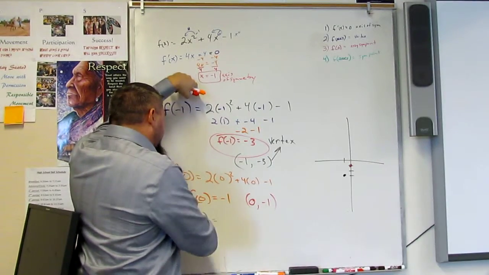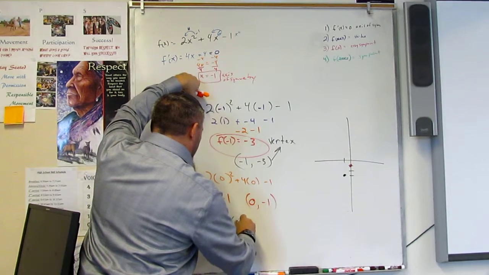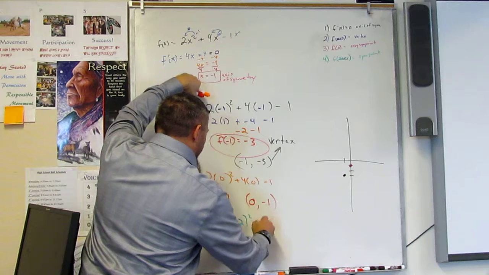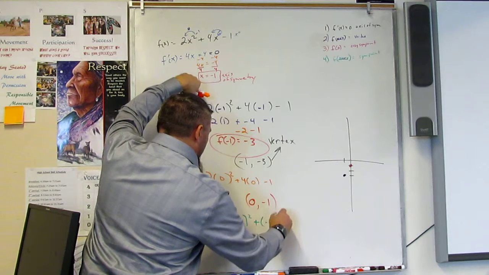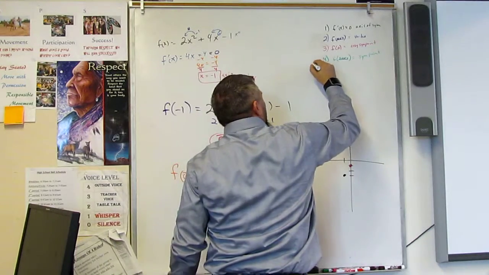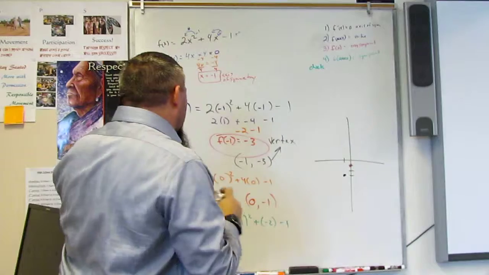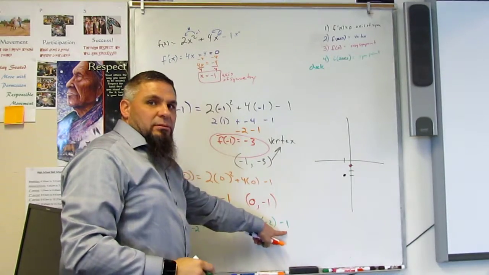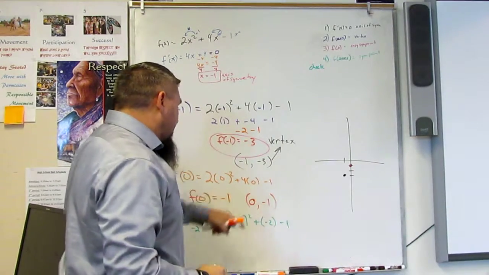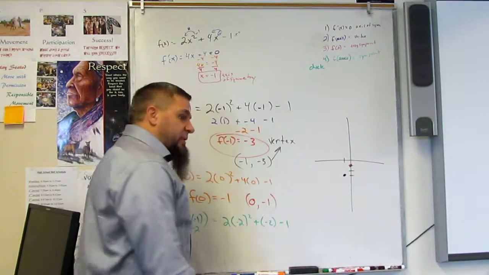So I'm doing f of negative 2, and I'm just plugging it in. 2 times the quantity of negative 2 squared plus 4 times negative 2. I call this the check. This is our checkpoint. We should get negative 1. We should get the same thing we got for here.